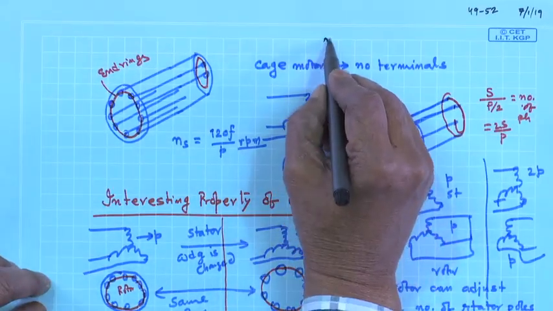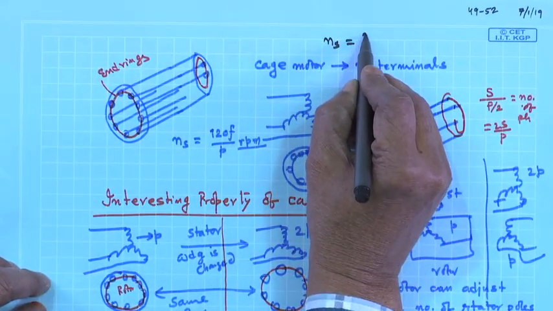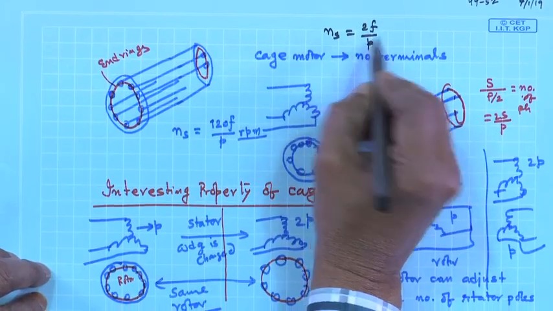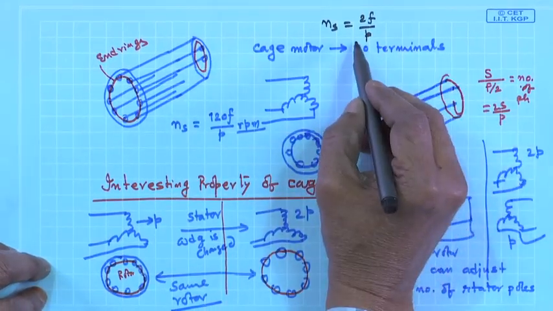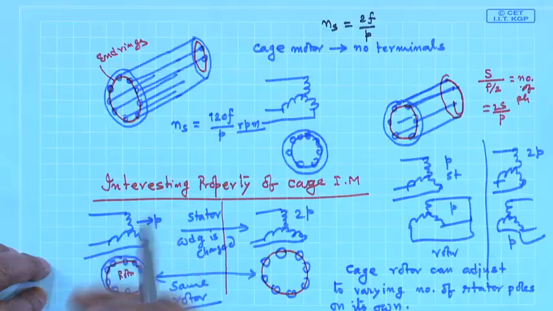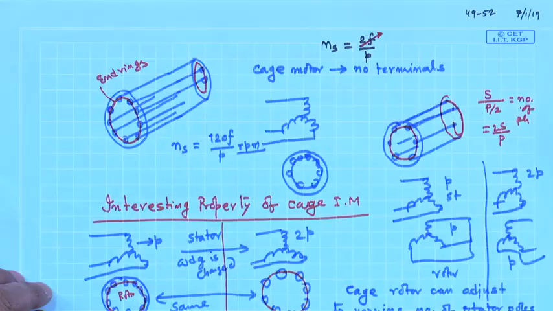You can change the supply frequency to any value you like. Therefore, the synchronous speed of the machine is f by p. Nowadays, do not touch p. What is the point of having another winding? Synchronous speed of the induction motor can then be changed through f by p.